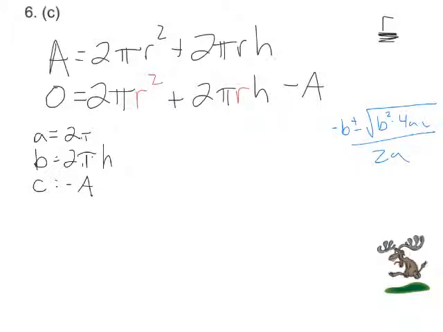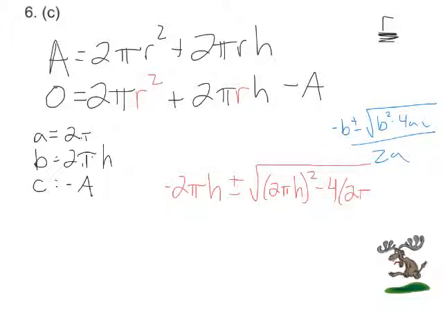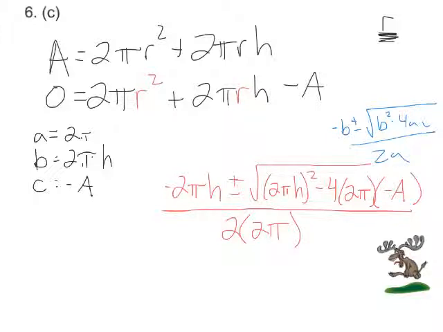So when we go to fill out the quadratic formula, negative b would be negative 2 pi h plus or minus the square root of b squared minus 4ac, all over 2a. Now we have a quadratic formula that we can work at simplifying.